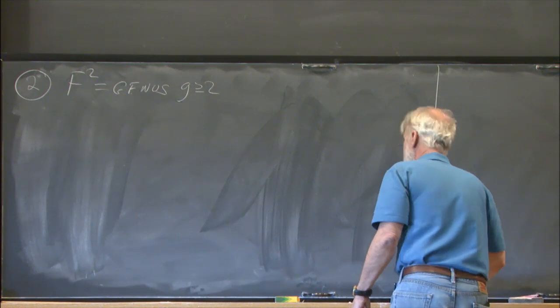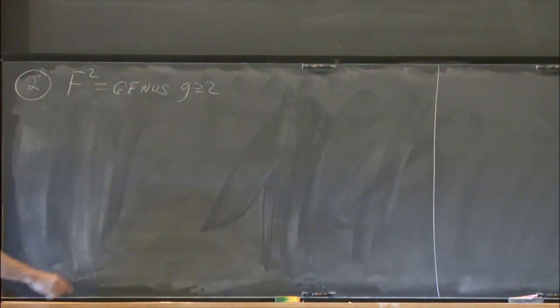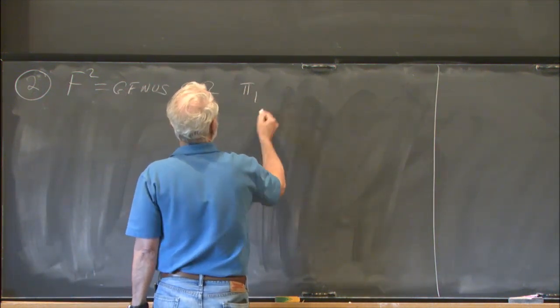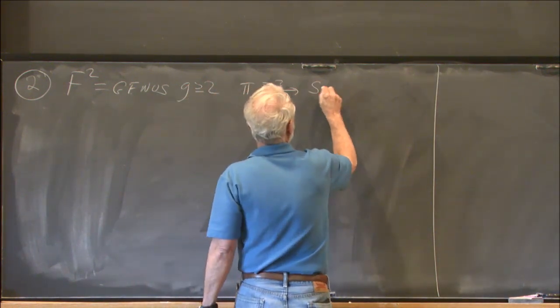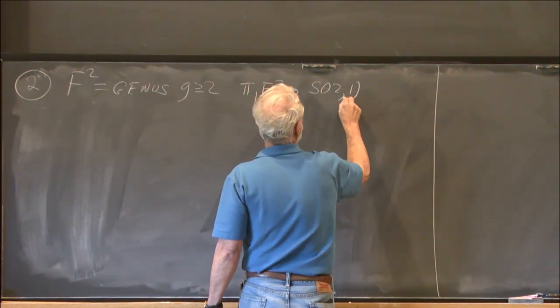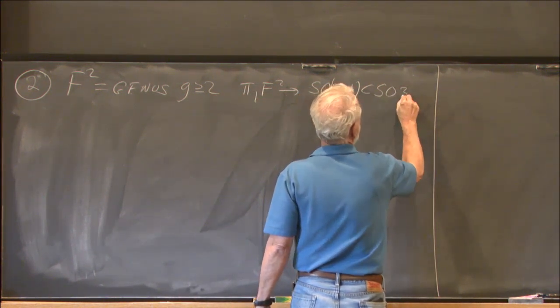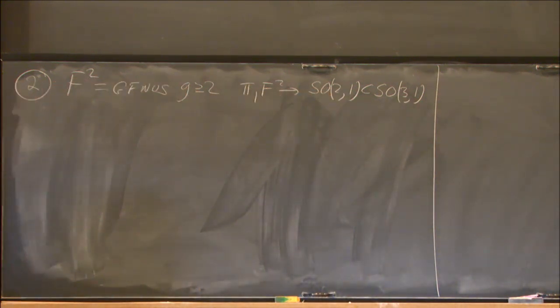Let's see if I can do this in an organized way. I want to consider a representation of this into the two-dimensional. So take a Fuchsian representation, sitting inside of the three-dimensional hyperbolic isometries here.